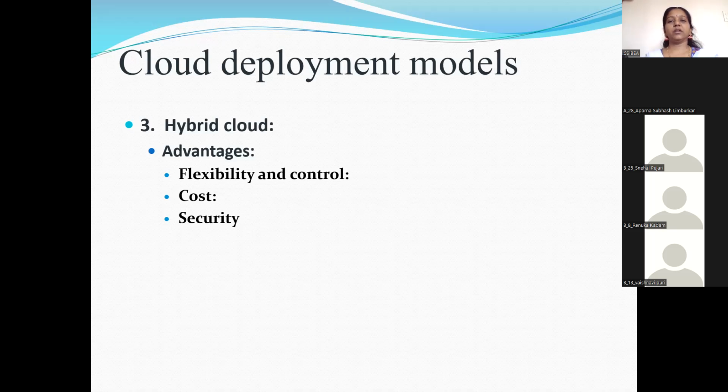So cost effectiveness is also one of the advantages in case of a hybrid. Then security. Because the data is properly separated and the chances of data theft by attackers are considerably reduced, you will get more security in case of a hybrid.